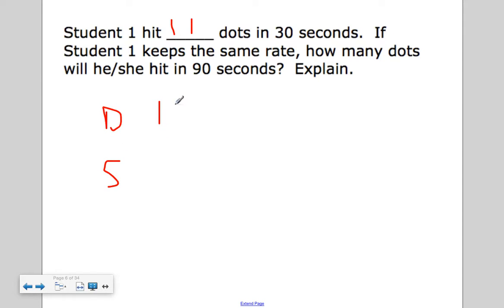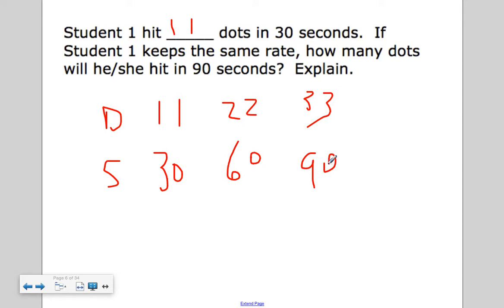So we know 11 dots, 30 seconds. 22 dots, 60 seconds. 33 dots, 90 seconds. I could have made a graph of this. Or, to save time, 30 seconds, what's the scale factor here? What can I multiply 30 seconds by to turn it into 90 seconds? Times 3. That's why 33.